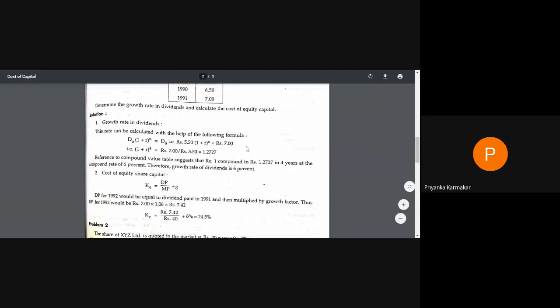Done, ma'am. This is coming 0.06 you are getting. Ma'am, I did till 1.2727. Yeah, 1.2727. Then you will get 1 plus R to the power 4 equals to 1.2727.